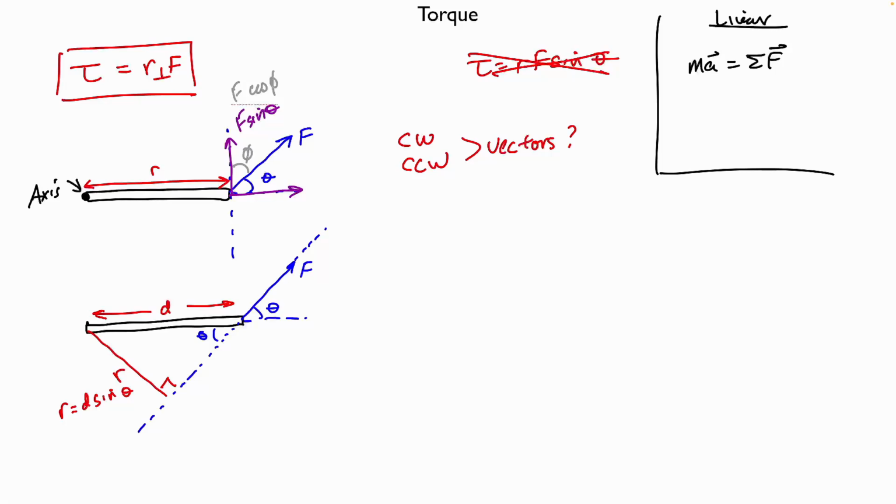Let's take a stab at what the angular version of Newton's second law might look like. So I've already let the cat out of the bag. Instead of adding up all the forces, we're going to add up all the torques. And then instead of a, what are we going to write down? Think Greek. Alpha, right? Angular acceleration instead of linear acceleration.